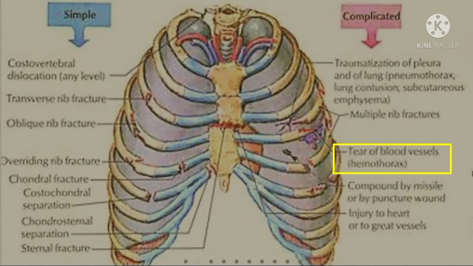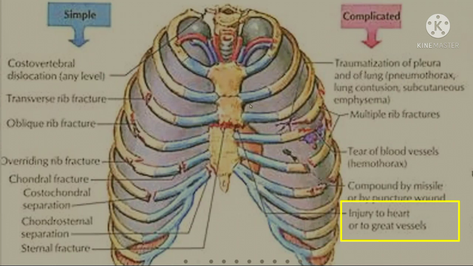As there are intercostal vessels running in the costal groove, an injury to the rib can result in rupture of these vessels, resulting in hemothorax. There can also be injury to the heart or the great vessels, or a puncture wound, as these rib segments are sharp and act as a missile.